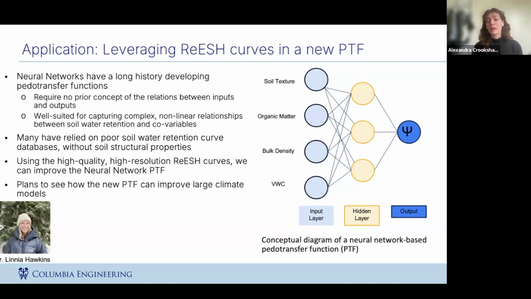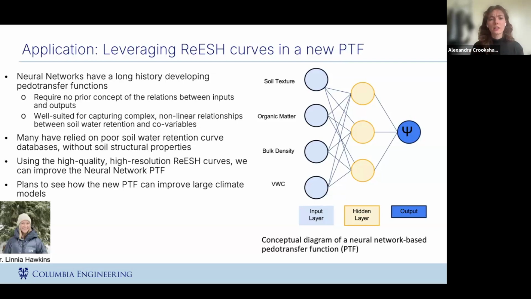And many of them were made without using the full range of soil structural properties that we know is important to this relationship. For example, a majority of pedotransfer functions rely just on soil texture and ignore organic matter and bulk density. And so now that we have the Riesch project and we have accessibility to high quality, high resolution curves like never seen before, we are looking to improve the neural network pedotransfer function and eventually planning on plugging this new pedotransfer function into large climate models to see if it can improve their performance as well.